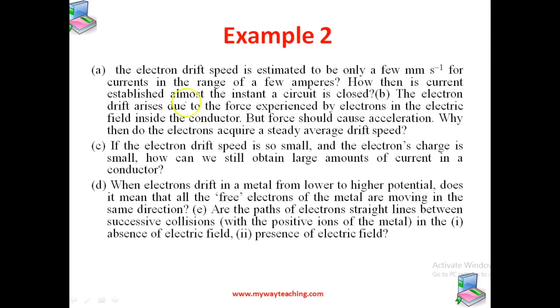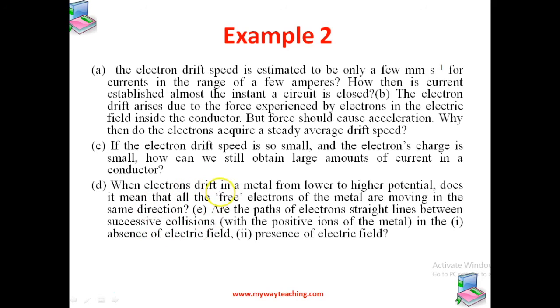The electron drift arises due to the force experienced by electrons in the electric field inside the conductor, but force should cause acceleration. Why then do electrons acquire a steady average drift speed? Third question. If the electron drift speed is so small and the electron's charge is small, how can we still obtain large amounts of current in a conductor?